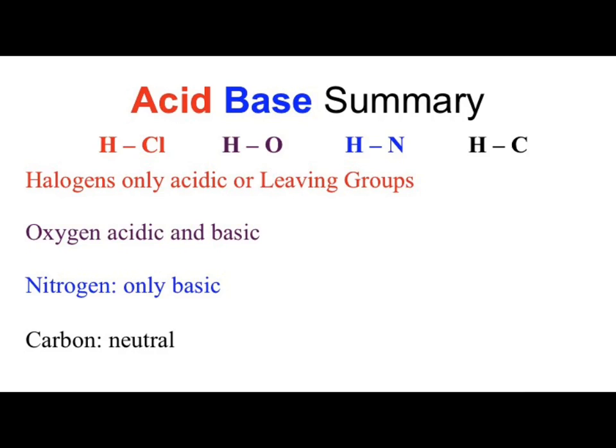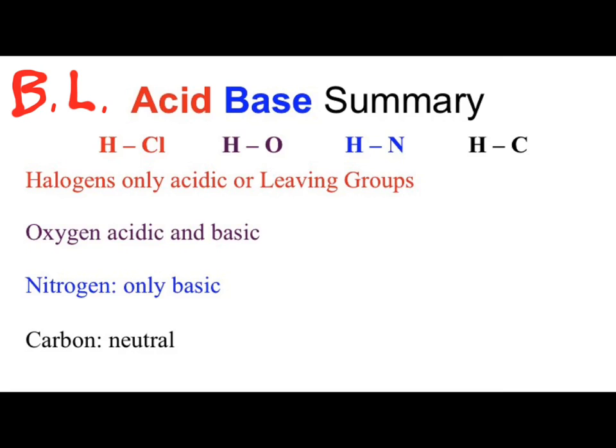So, our overall acid-base summary: we're looking at Bronsted-Lowry. I keep forgetting to add that to each of these slides. When I'm referring to acid-base chemistry, 9 times out of 10, I'm referring to the Bronsted-Lowry definition, not the Lewis definition. If we're going to summarize everything with the Bronsted-Lowry definition, we first need hydrogens.